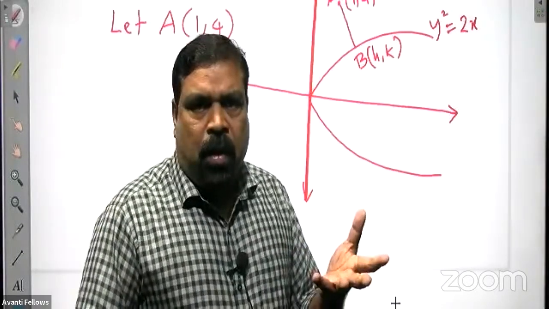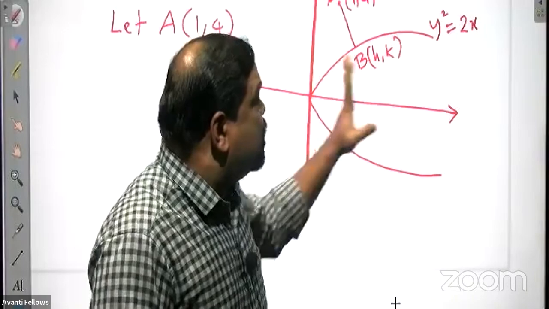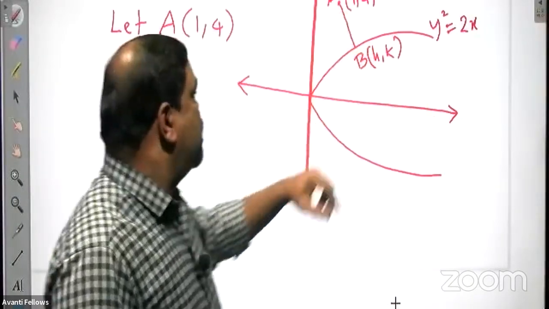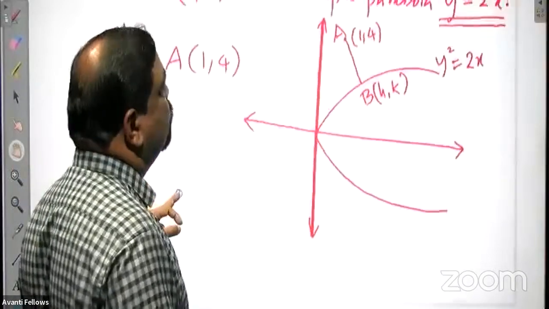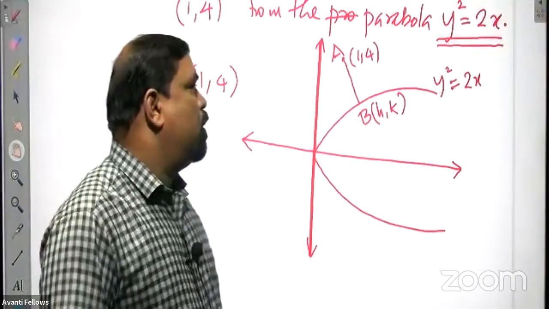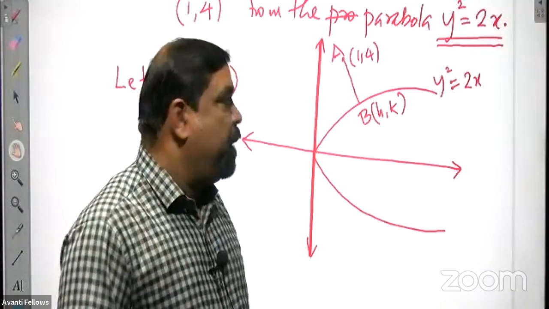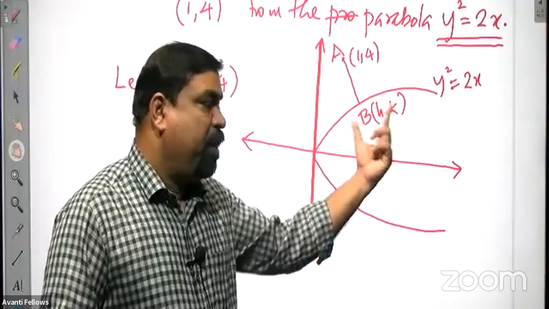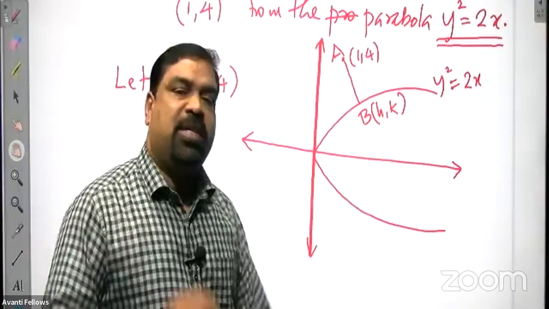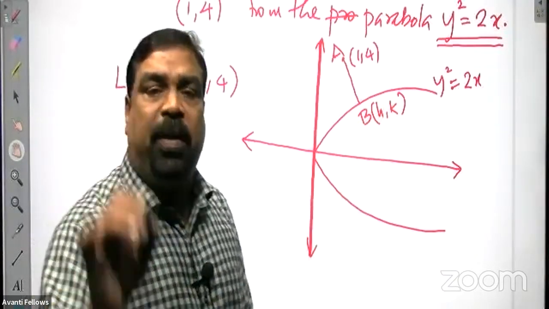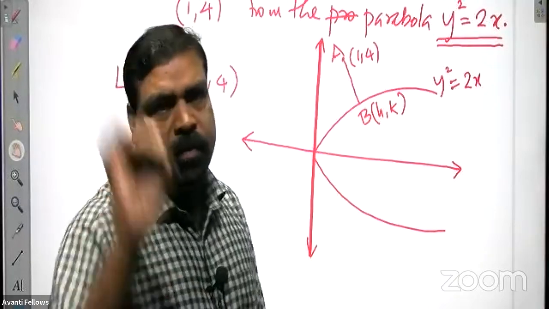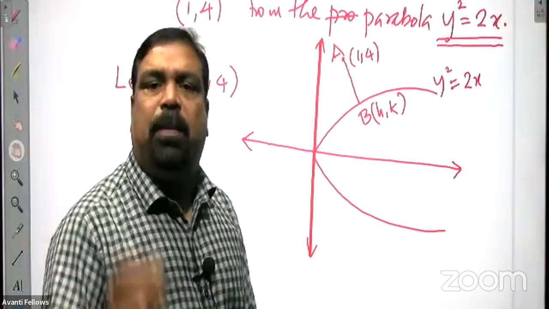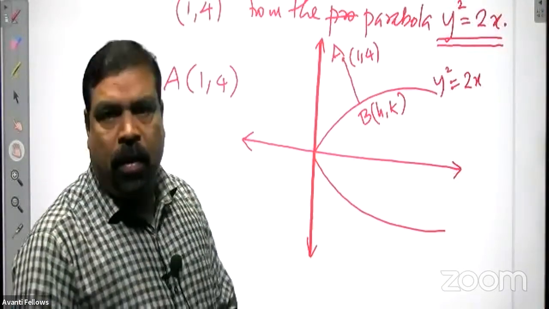Clear? So draw a rough sketch of the situation: a right side open parabola. The given point is 1, 4, A. So we have to find the coordinates of the point B such that the distance AB is minimum. The distance AB must be minimum. Clear?